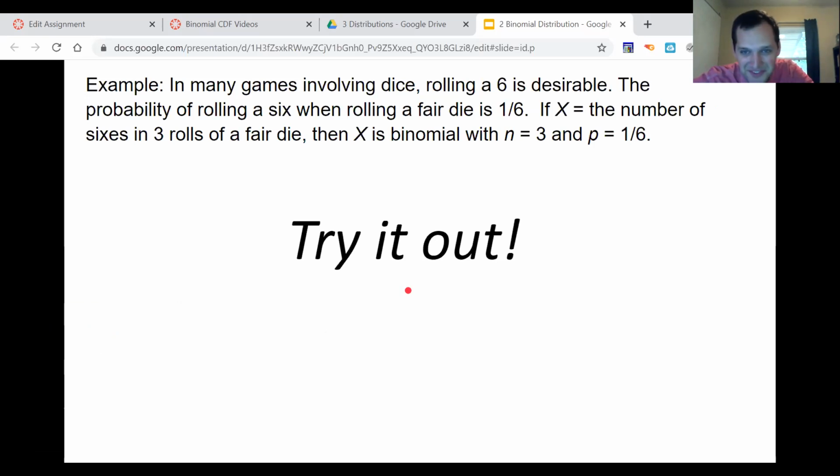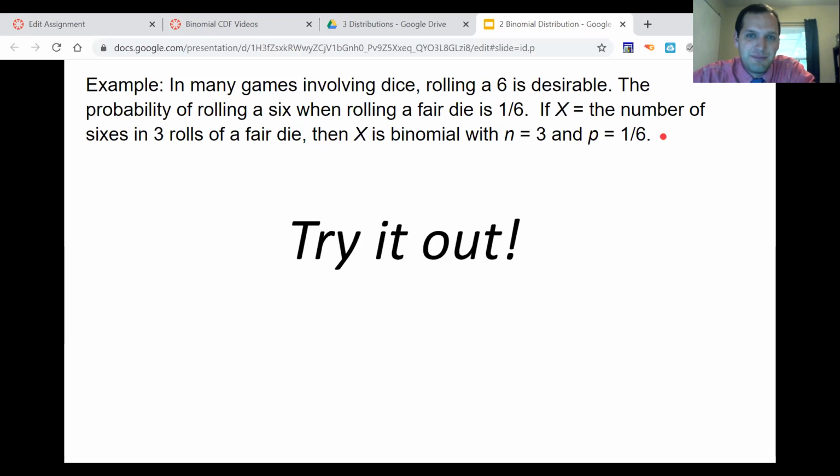All right, you should have paused it. The answer here is, let's read through it. If X is the number of sixes in three rolls of a dice, where N is 3 and P is 1/6, well, B, is it binary? Yeah, it's a dice. You're just counting how many sixes. I is independent. Well, we've already talked about dice not affecting each other, so it is independent.